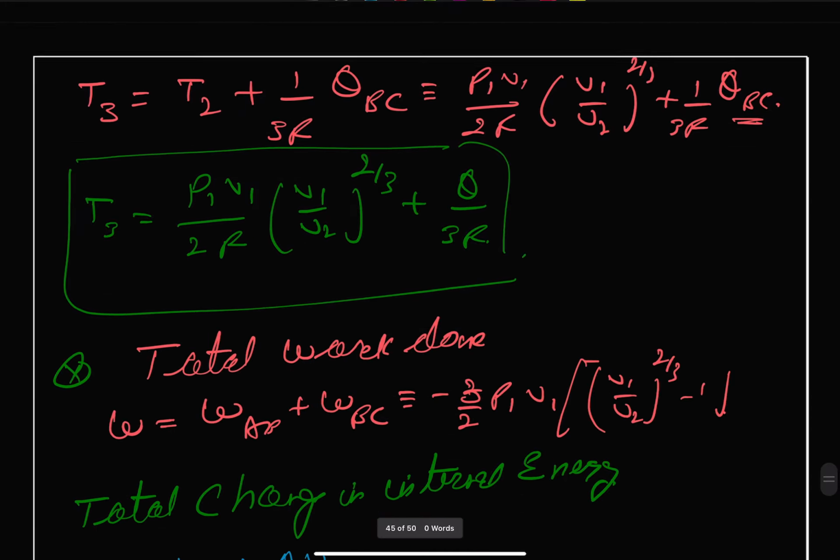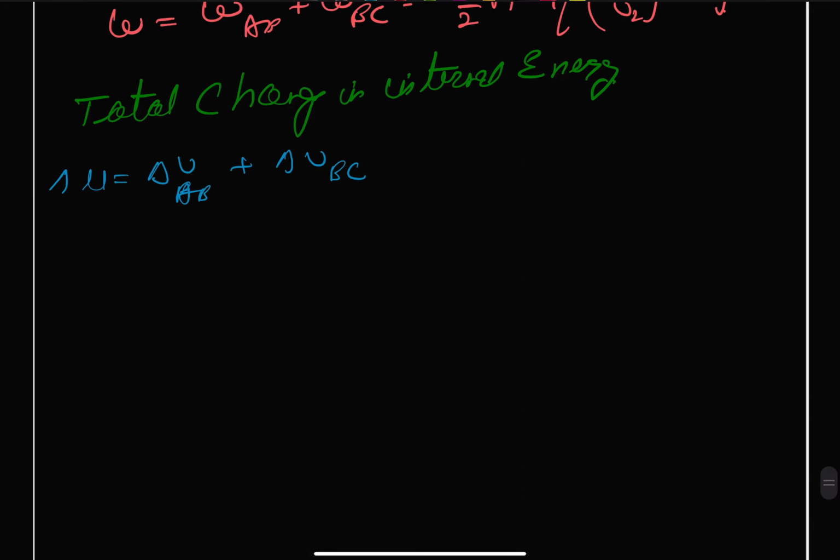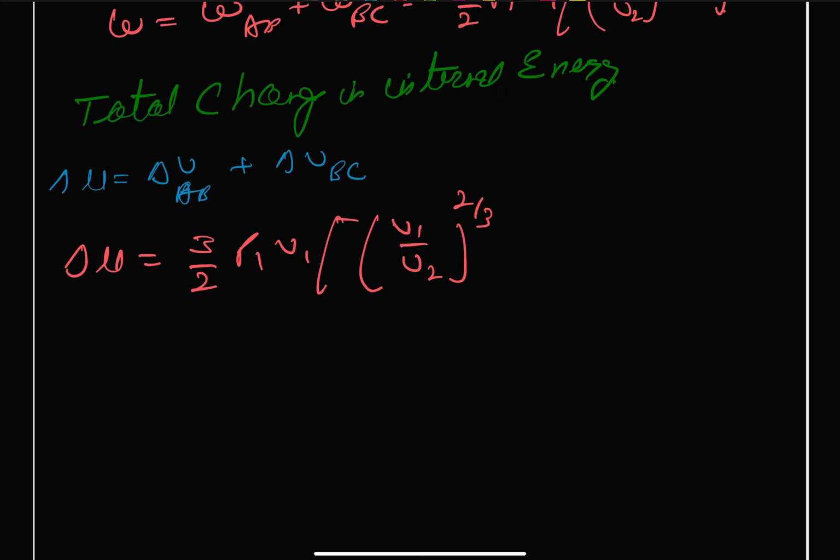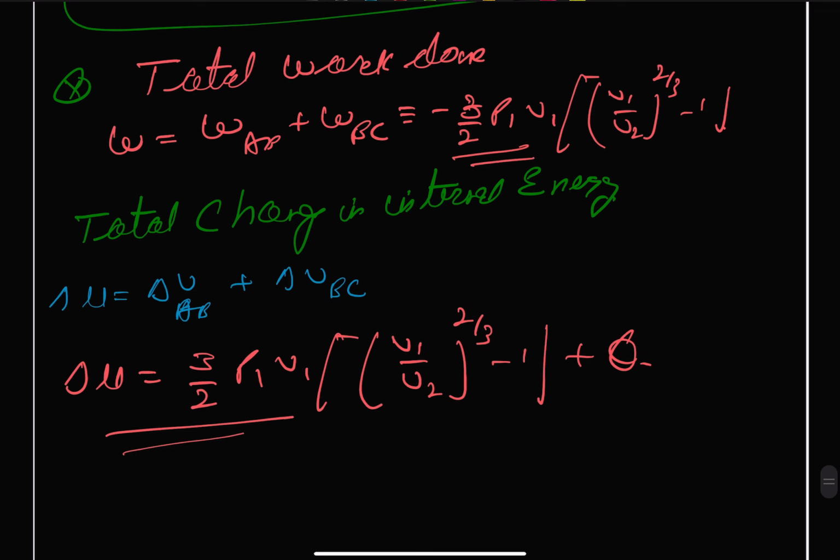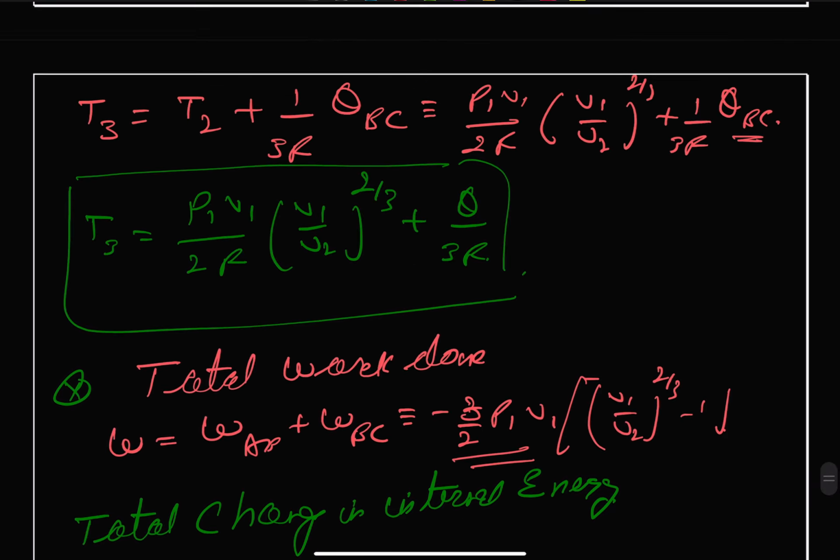Okay, so we can write that our delta U will be equal to 3 by 2 P1 V1 times [(V1/V2)^(2/3) minus 1] plus heat supplied, that is Q. So this is our change in internal energy and this is our total work done, and final temperature is T3, which we have already found out. So this is our final temperature, so this is not a problem.